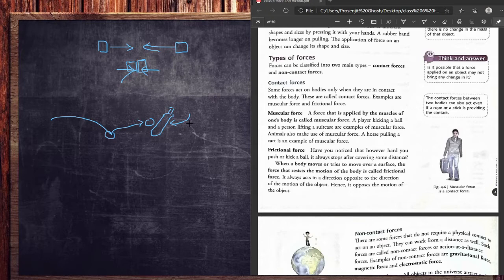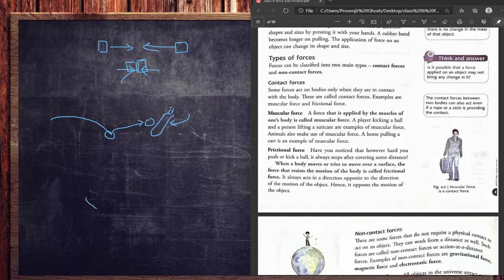So this is also a muscular force. Not only that, when you kick a football, that is muscular force, and you are also touching the football with your feet, so it is contact force as well. And pushing a car or pulling something, these are all contact forces.